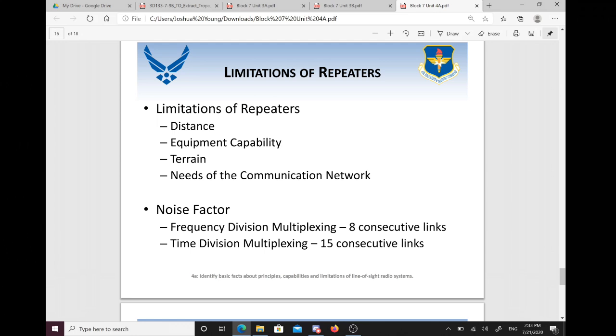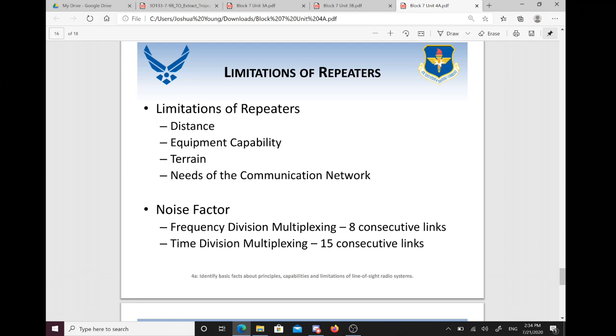And then when it says terrain, that means, are there any obstacles in between your two repeaters in your repeater system? Is it overcast? Are there trees obstructing your shot? Things of that nature. And then your needs of the network. So depending on what kind of transmission needs to be achieved, are your repeaters capable of facilitating that? And that's why that can be considered a limitation.